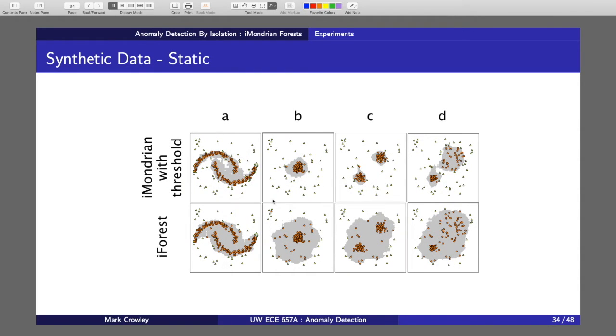Otherwise it's doing well. So we then did comparative algorithm analysis, which is what you often want to do: take those same data sets, run them on multiple algorithms, and compare the results.